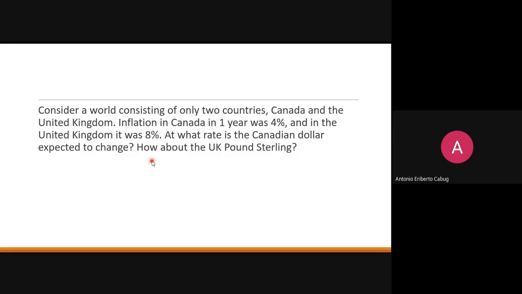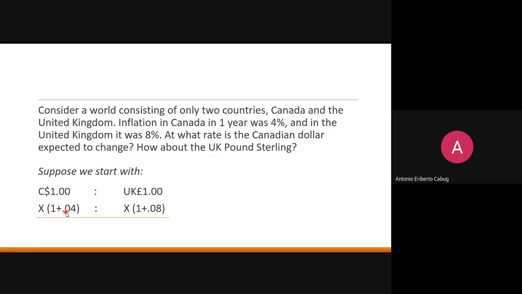So, to simplify again our analysis, we will start with 1 Canadian dollar is equal to 1 UK pound. So, inflation in Canada, 4%. Inflation in UK, 8%. 1 times 1.04, what can be bought at 1 Canadian dollar a year ago can now be bought at a higher price, 1.04.